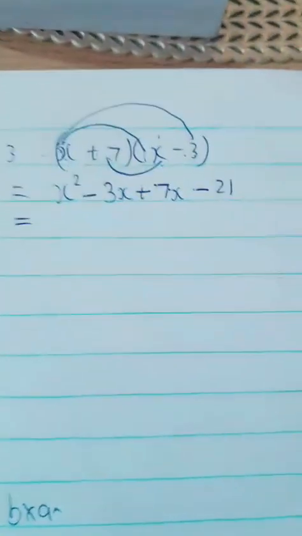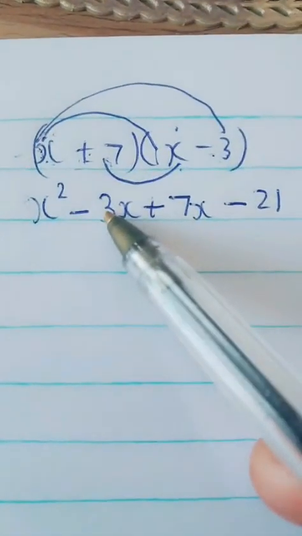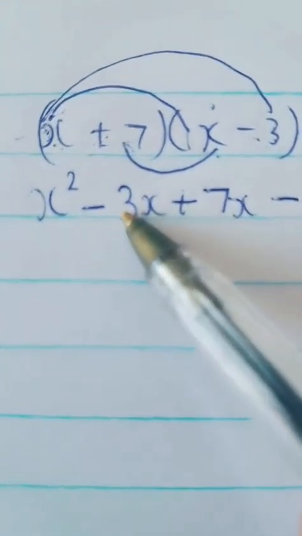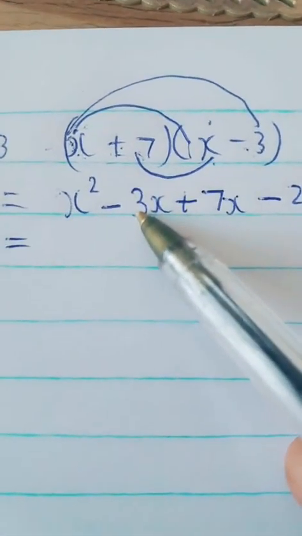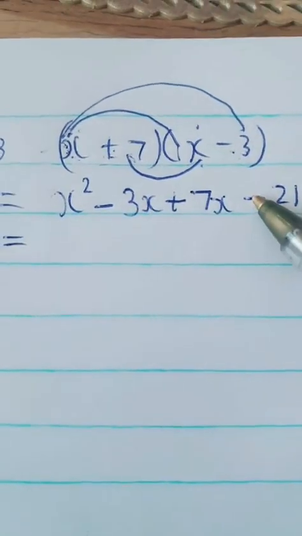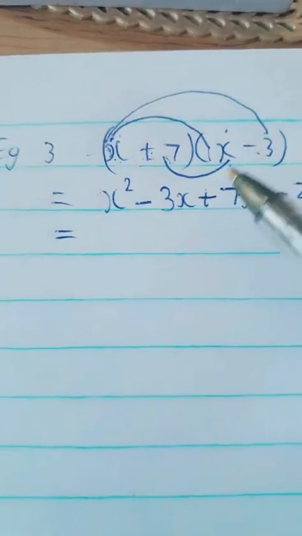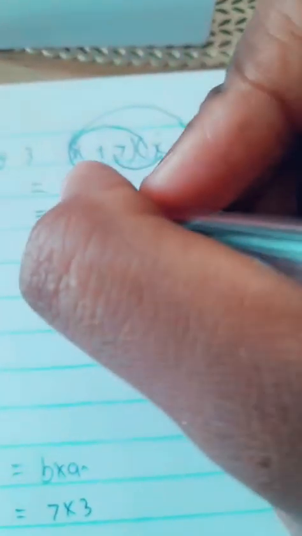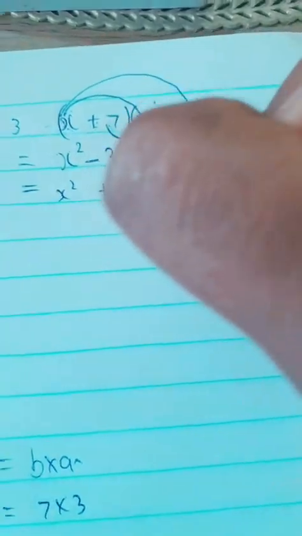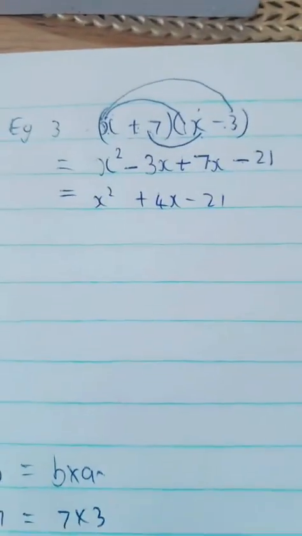Then lastly, for the final answer, we've got like terms in the two terms in the middle. So negative 3x plus 7x will give us plus 4x minus 21.